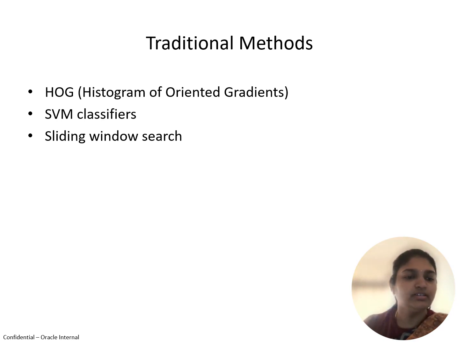HOG is a feature descriptor used in computer vision for object detection by counting the occurrence of gradient orientations. For example, if we have an image, you can spot an object like a ball in that image. So that ball is marked and it is added to that object detection.